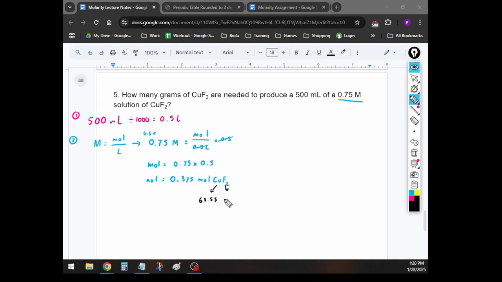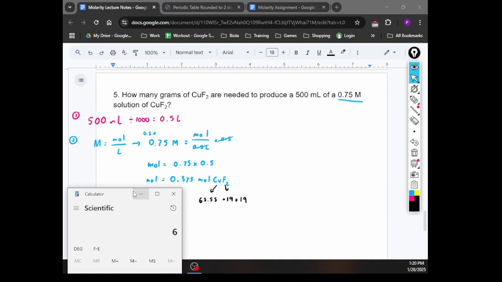F is 19 each, and there's 2 of them, so plus 19 twice. Let me pull up my calculator real quick. So you're going to get 63.55 plus 19 twice. That'll be 101.55. So this will be 101.55 grams in 1 mole.